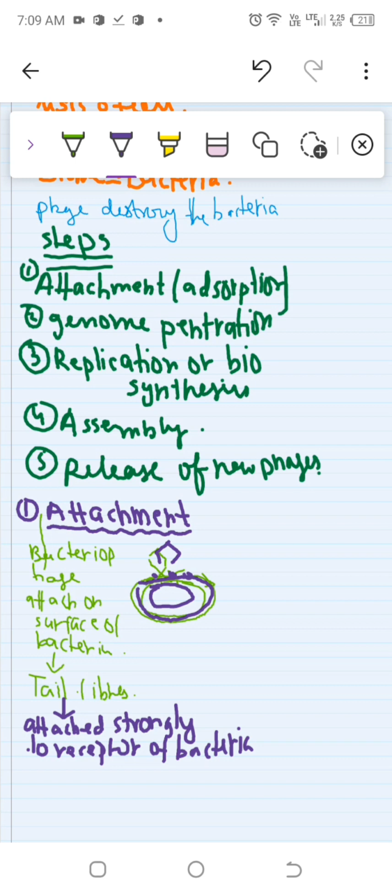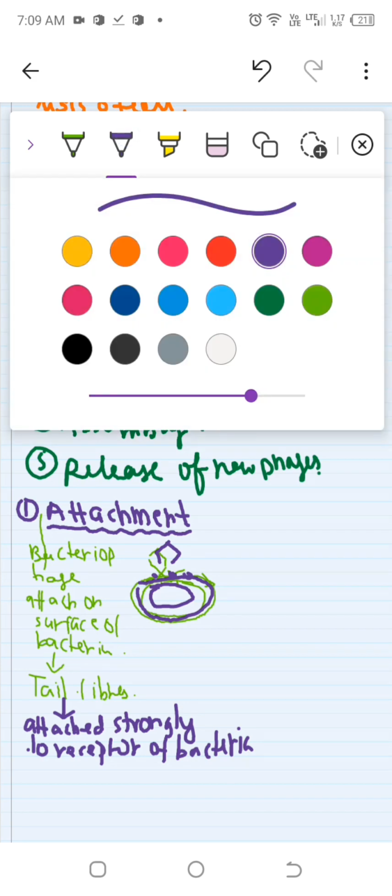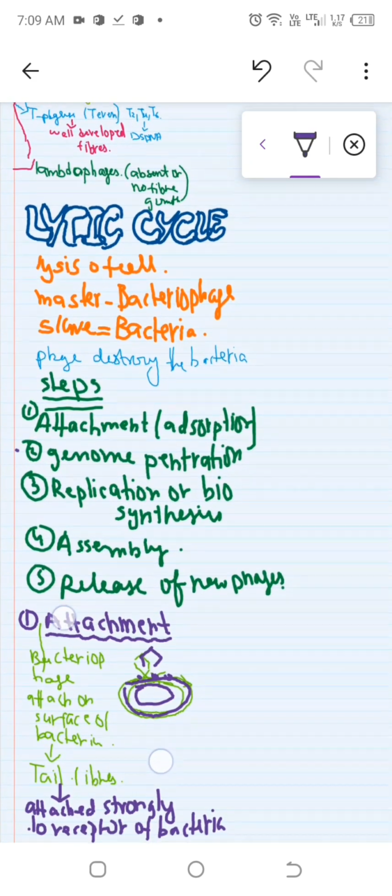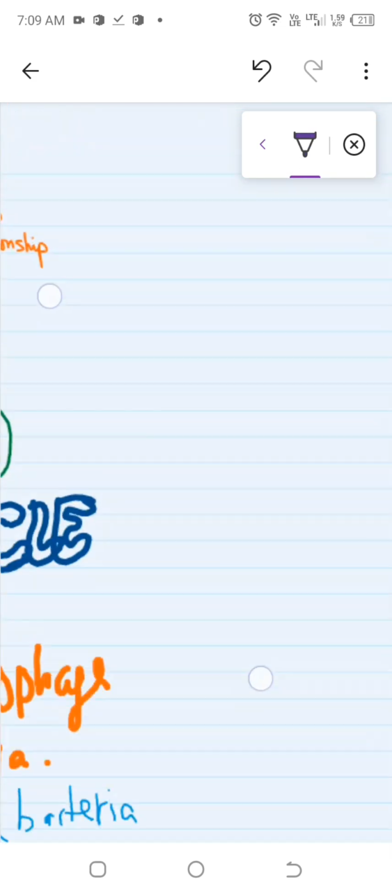Now we go to the second part, genome penetration.